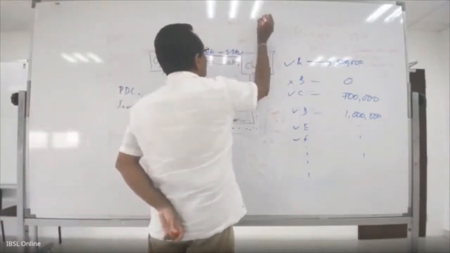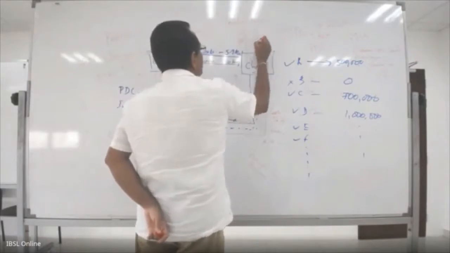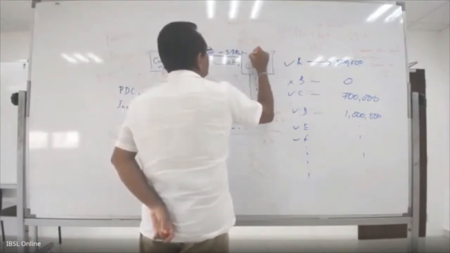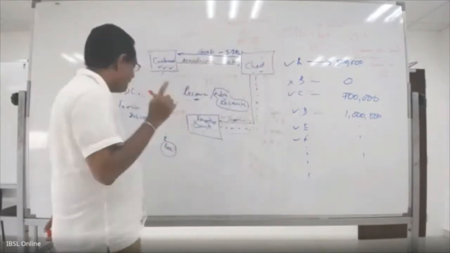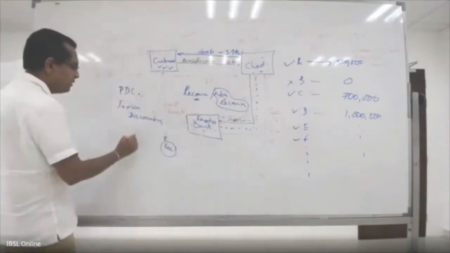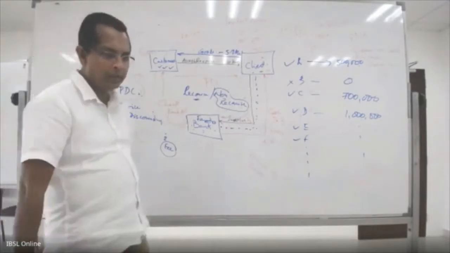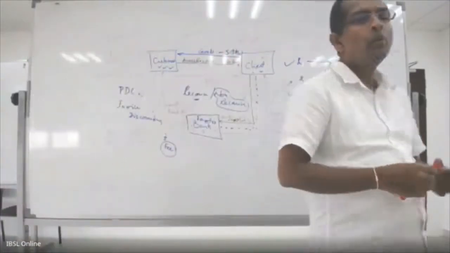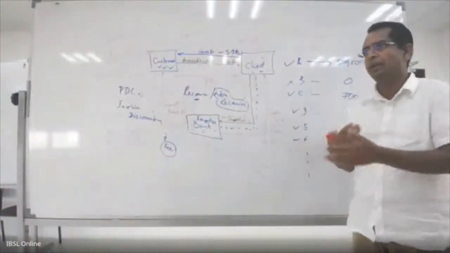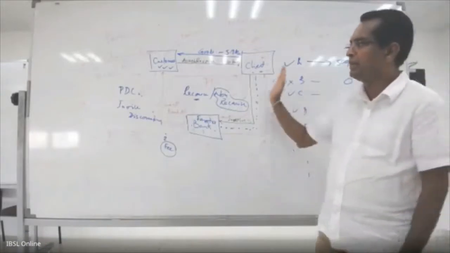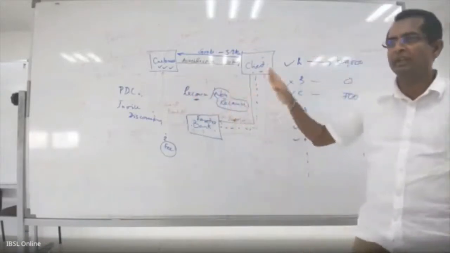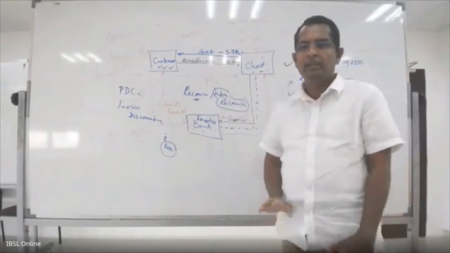So here you have 10%, here you have 20%, total 30%, right? If out of the PDCs 70% get realized, you recover your capital. That is how a PDC line operates and the difference between the PDC and the factoring or invoice. Is it clear?